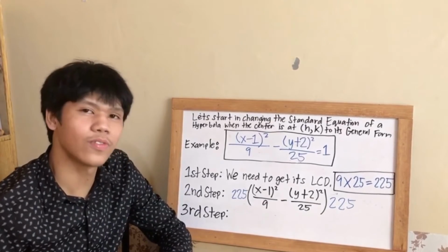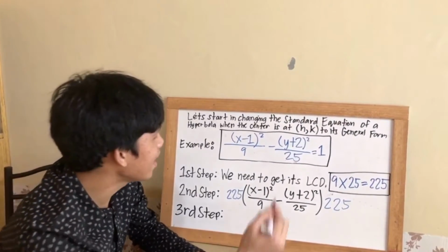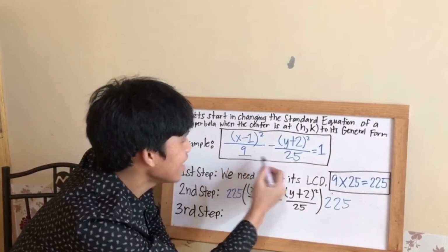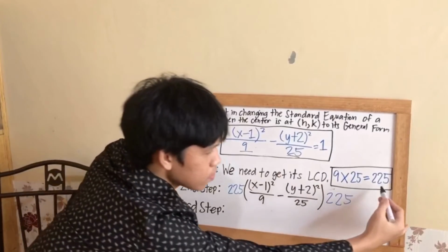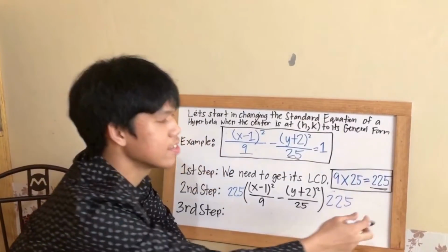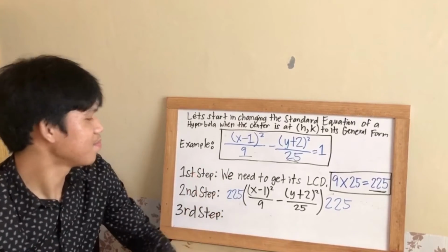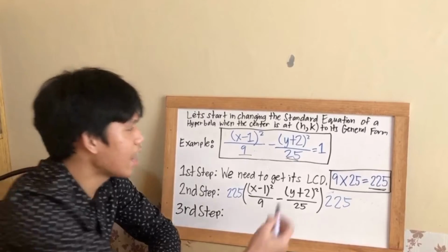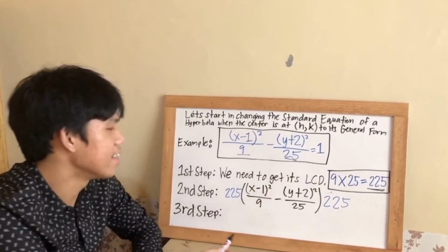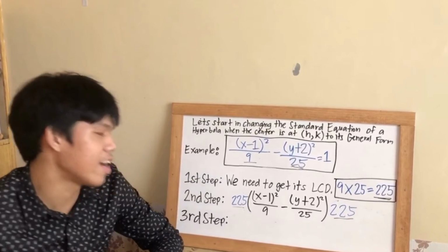In order to find its LCD, we simply multiply the denominators, 9 and 25, resulting in 225. So this is our LCD. Second step is to multiply both sides. So we copy this equation and then multiply both sides by its LCD, 225.